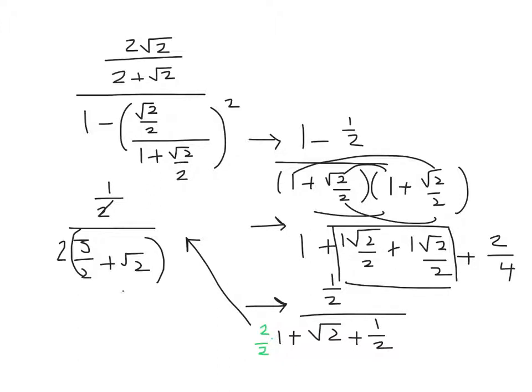I'll have 1 on top, and now when I distribute that 2, I'll have 3/2 times 2, which makes those 2's cancel, so I'll have 3. And then when I distribute the 2 to the root 2, I'll have plus 2 root 2. So now I've simplified my denominator to just be 1 over 3 plus 2 root 2.